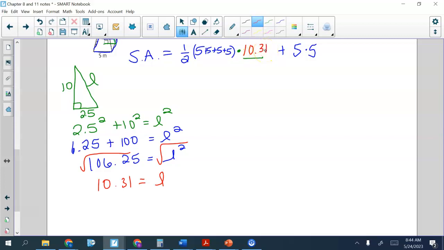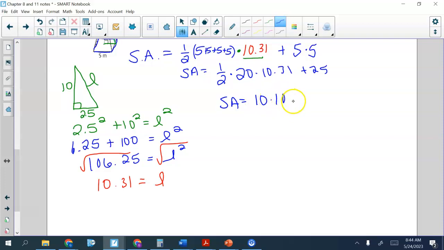All right, so now we need to calculate it. I'm going to simplify it a little bit first. So we have 1/2 times 20 times 10.31 plus 25. So 10 times 10.31 plus 25. You can type it all in your calculator.